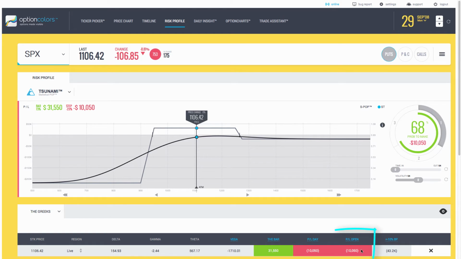Simultaneously, the drawdown on the trade is already 10,000, which is actually about 100% drawdown based on your initial margin. These are the things we need to be aware of when we're constructing our trades and when we're trying to work with portfolio margin, because it's a very dynamic and fast-changing margining system.